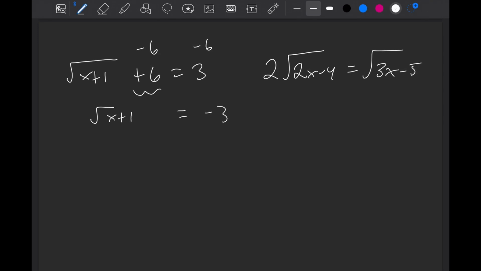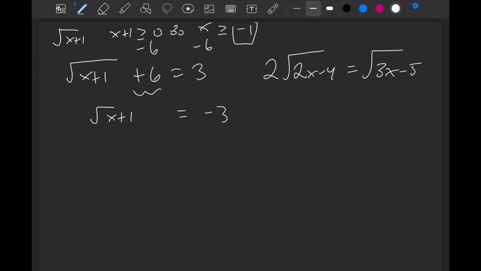And just a key point for restrictions: the inside of the square root can never be a negative number, because you cannot take the square root of minus 1, for example. So the restriction here, we would set x plus 1 greater than or equal to 0. Therefore, x has to be greater than or equal to minus 1.